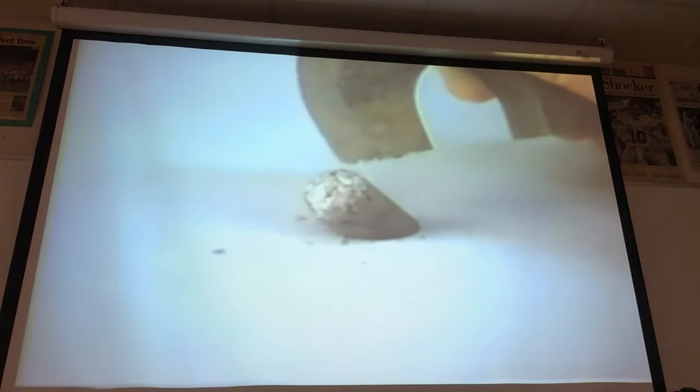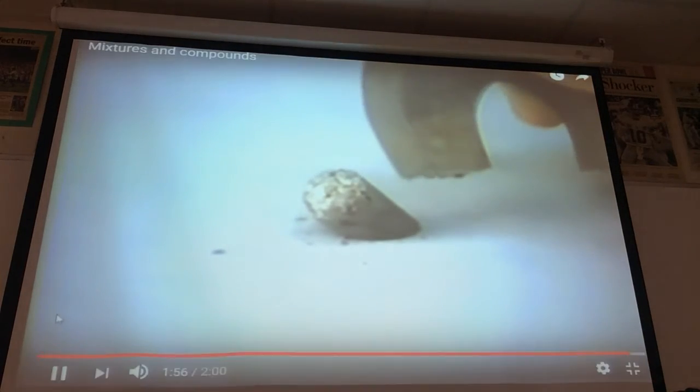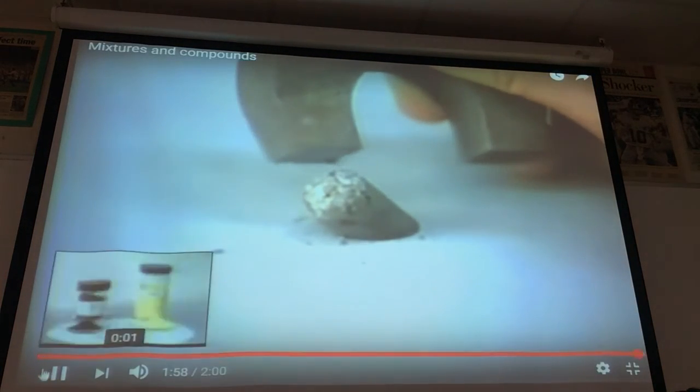When the Bunsen is removed, the tube continues to glow as the reaction proceeds. The gray-black brittle solid formed is a new compound, iron sulfide. It is unlike either sulfur or iron and cannot be separated by a magnet.